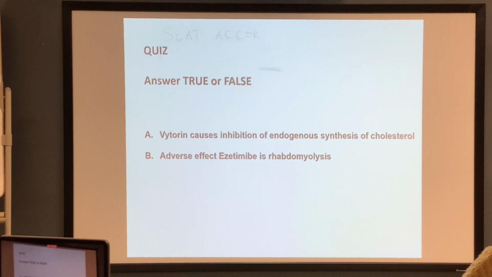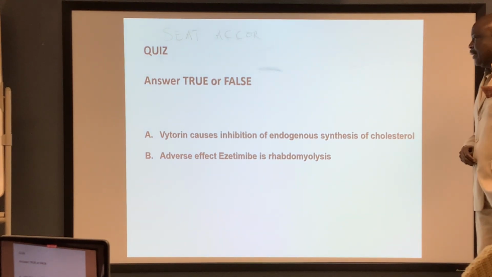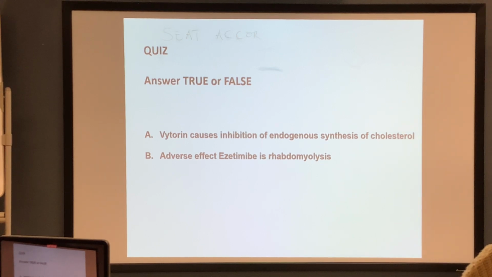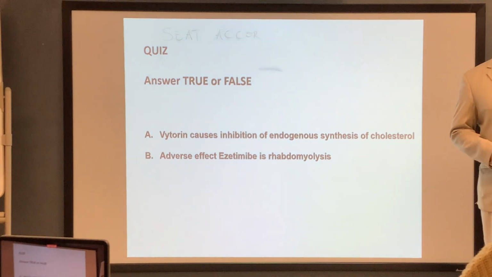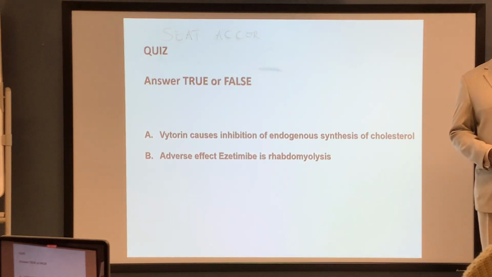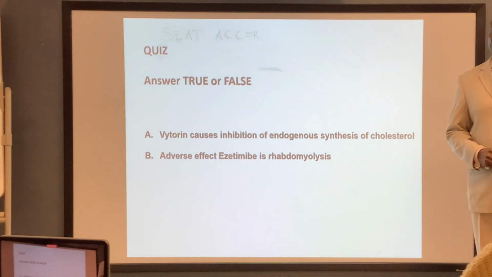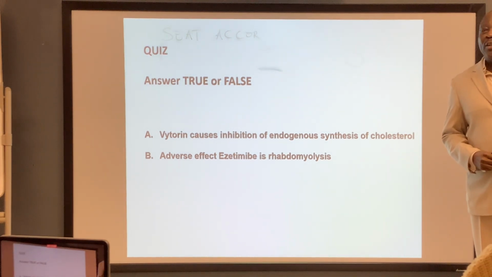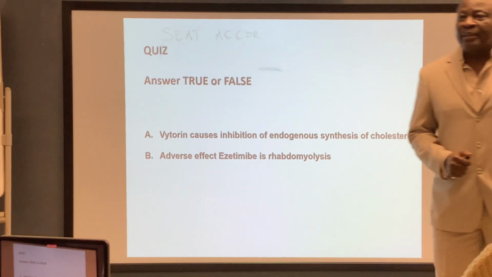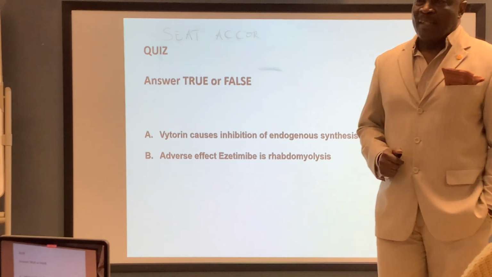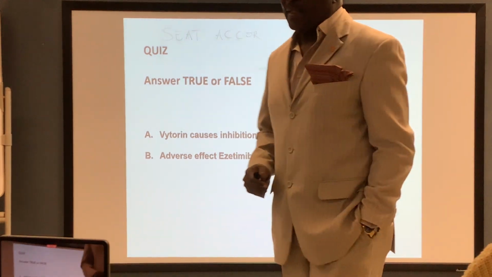Let me know if you are following me. Vytorin causes inhibition of endogenous synthesis of cholesterol. Is that correct? True. Is everybody clear about that? What's the meaning of endogenous? What's the meaning of exogenous? Exo, endo.